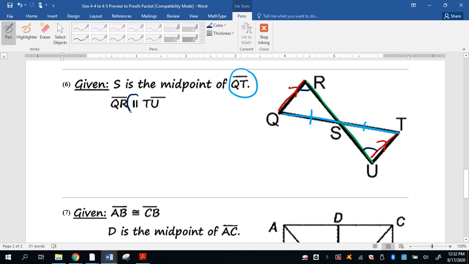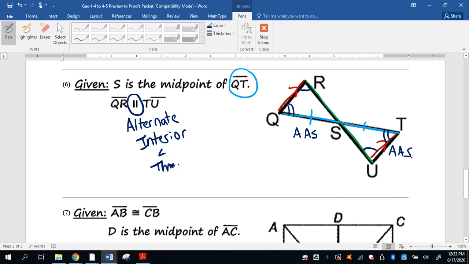So whenever you see parallel, you'll use alternate interior angle theorem. Moreover, when you see blue and red, those are congruent by the alternate interior angle theorem. We are now ready to prove these two triangles are congruent by angle side and angle side.